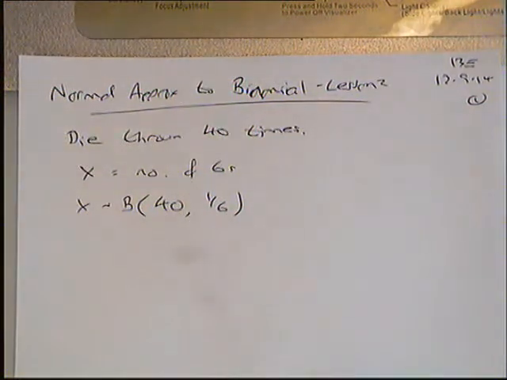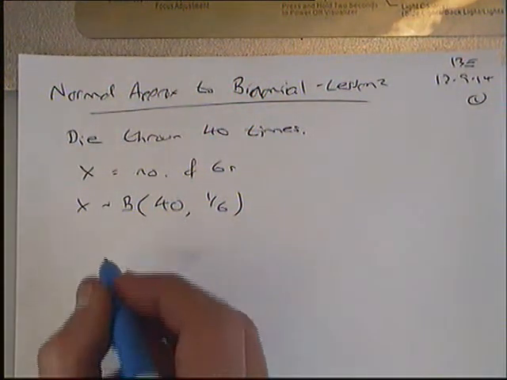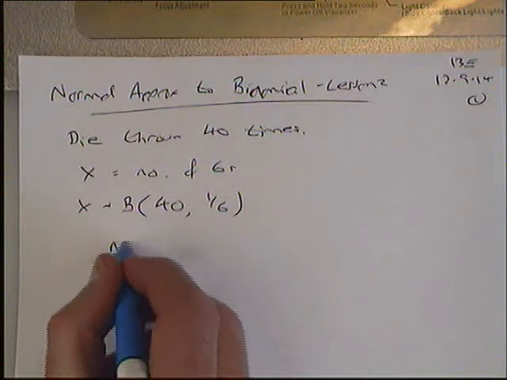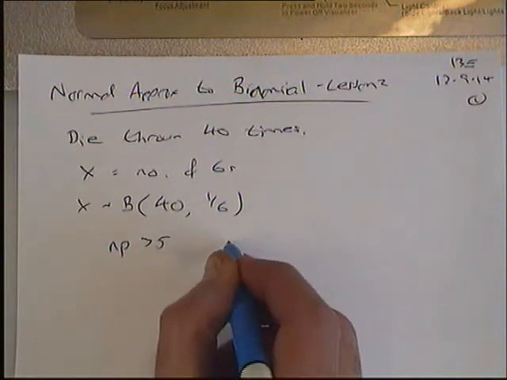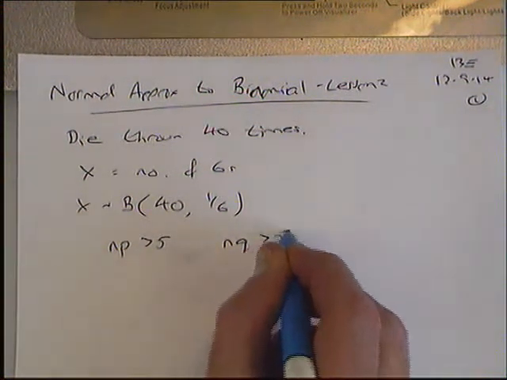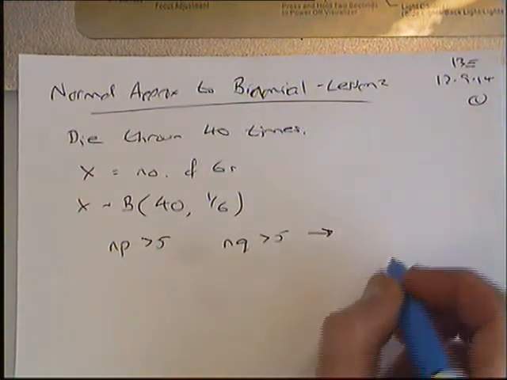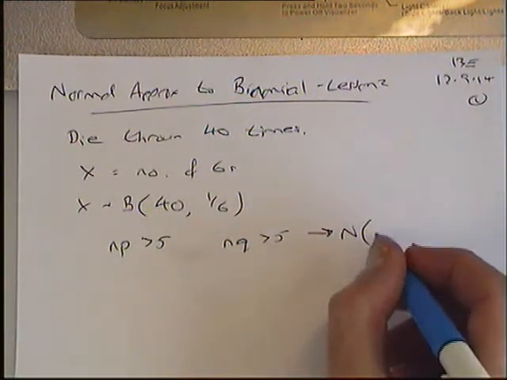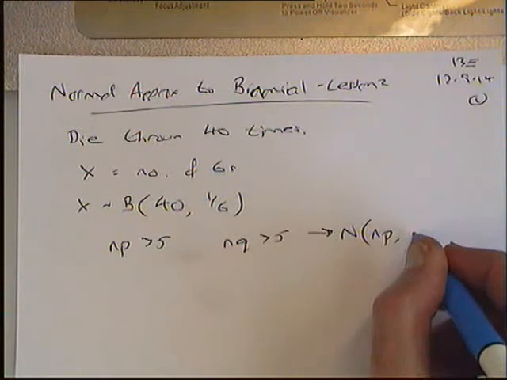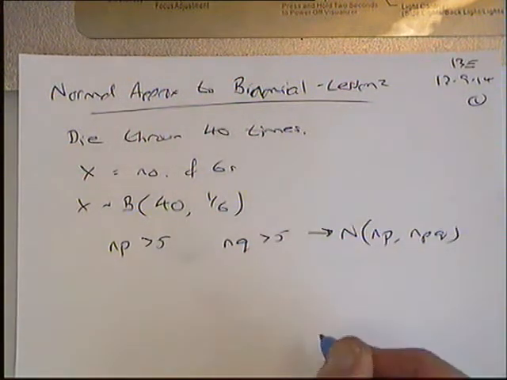Okay? And we said last time that the conditions we are using are np is greater than 5 and nq is also greater than 5, so we can approximate this by the normal distribution. It's np that goes in there, and it's npq that goes in there.